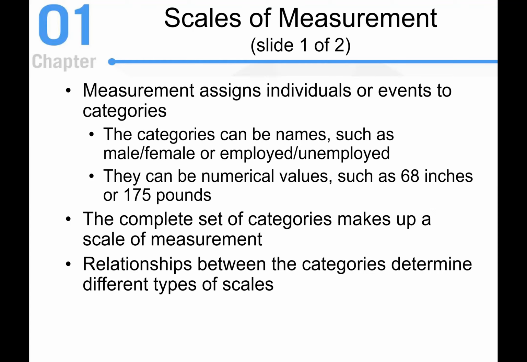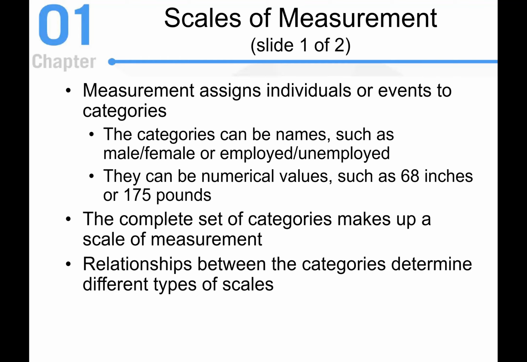The categories could be names, such as male or female, or employed or unemployed, right? Or they could be numerical values, such as 68 inches, right? Or 175 pounds, right? So the complete set of those categories is going to make up what's called a scale of measurement.